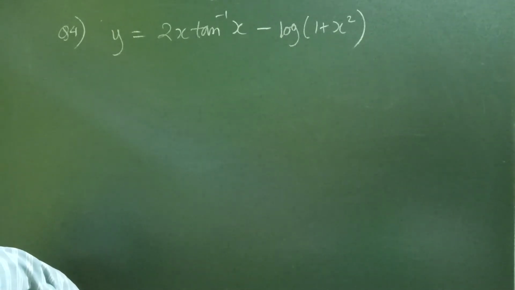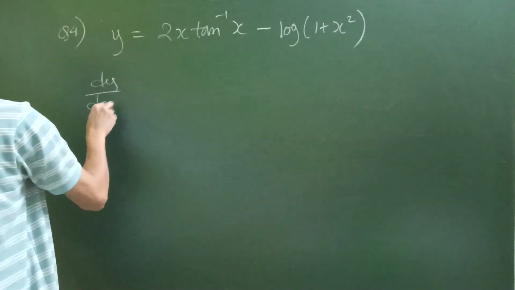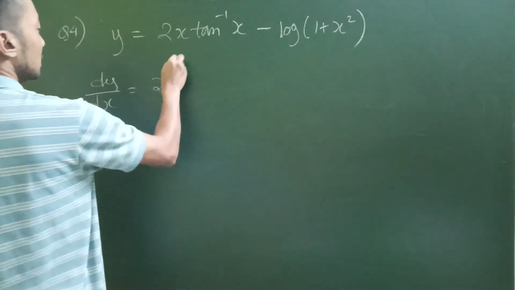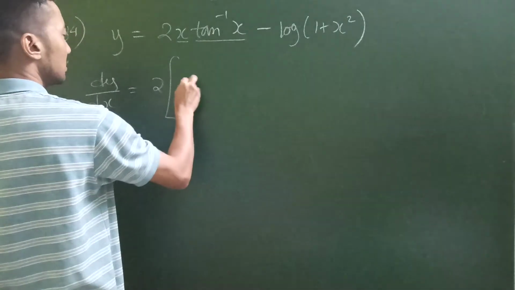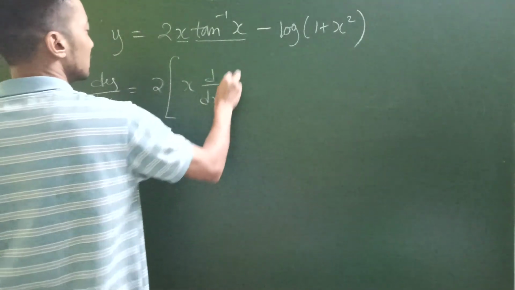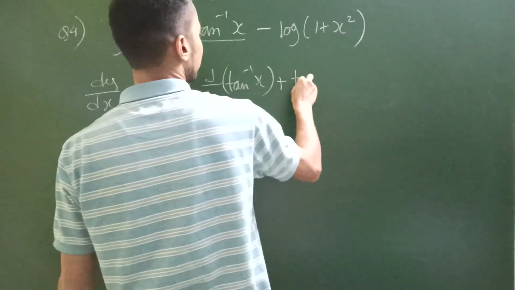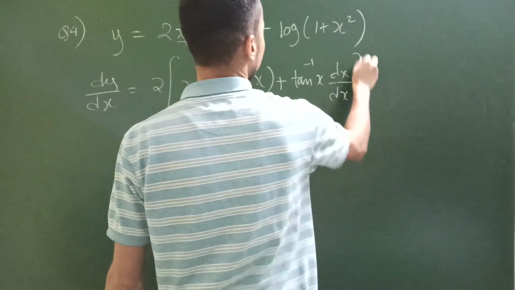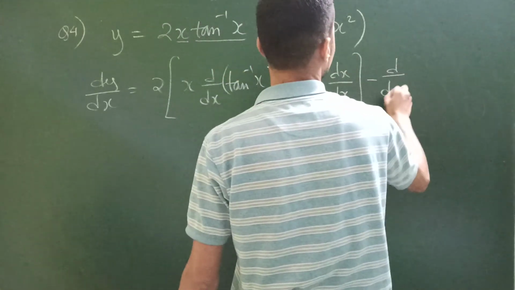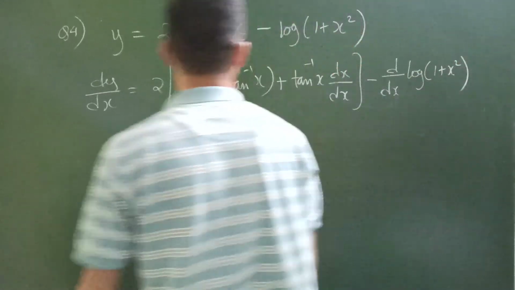So you can begin differentiating both sides with respect to x. Of course, that's going to be 2, so I'm going to write 2 common out. This is a product function. So x into derivative of tan inverse x, plus tan inverse x, derivative of x, minus derivative of log of 1 plus x squared.